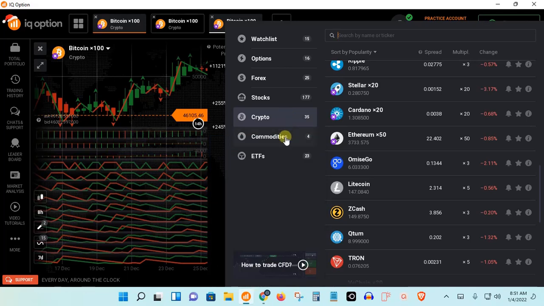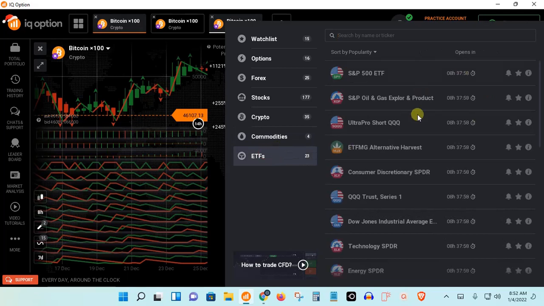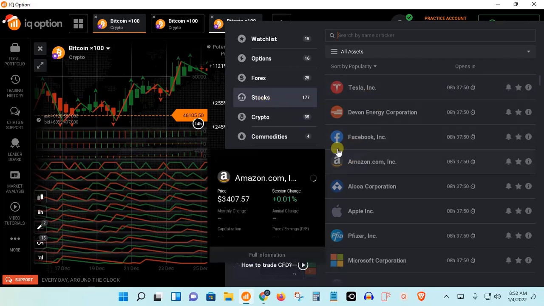You can also apply it in the commodities, oil, crude oil, silver, Brent. It works in everything. So you can also apply it in the ETFs. The same thing applies in stocks. The same system works in stocks and very perfectly.